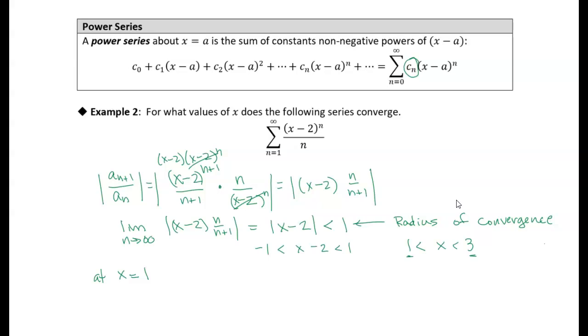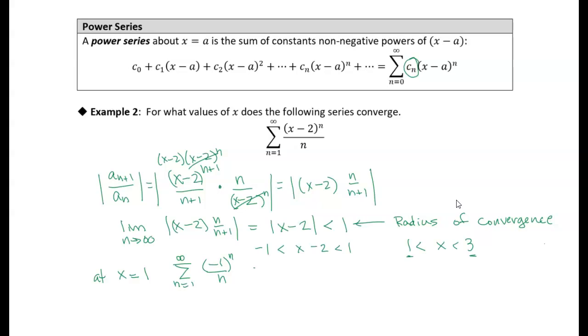Okay, if we put that back into the original series, so we get n equals 1 to infinity, and if I put 1 in for x, I get 1 minus 2, so it becomes (minus 1)^n over n. And you should recognize this, right? You should recognize this is a series that we dealt with in the last section. It's an alternating series which converges by the alternating series test.